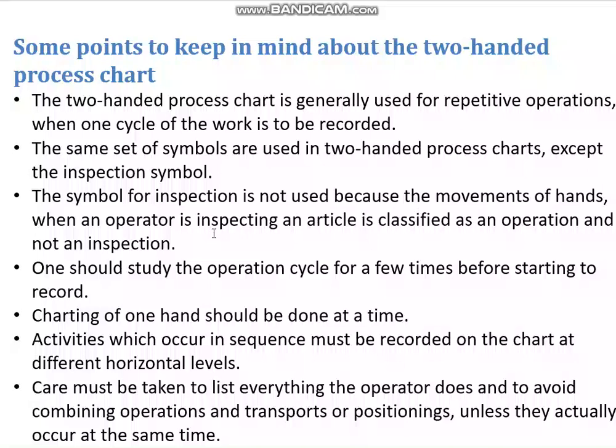Because the movements of the hands, when an operator is inspecting an article, are classified as an operation, because the hands are doing the work, and not as an inspection. Even when it is being inspected, it is an activity for the hand. Therefore, the inspection symbol, that square, is not used. This you should keep in mind.